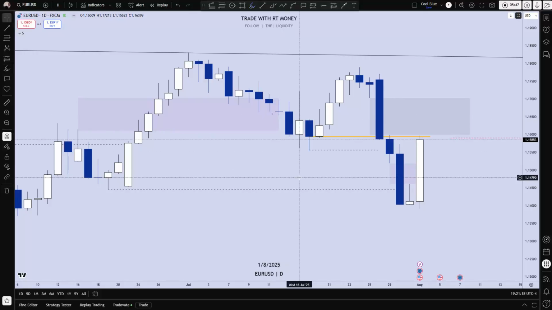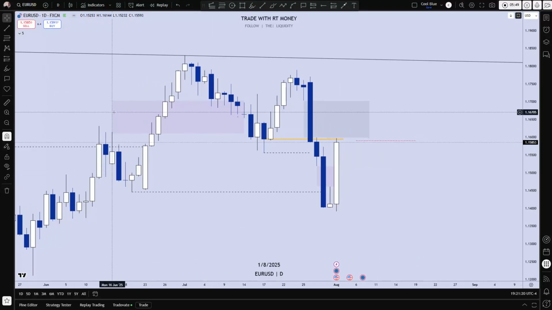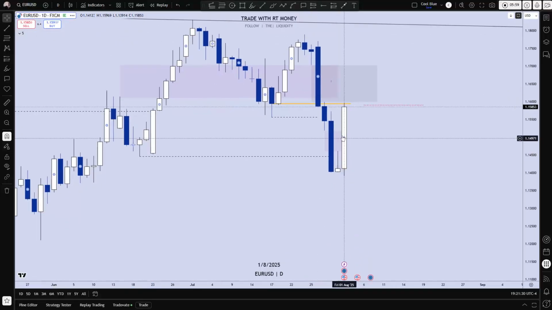On the daily, here's that disrespected fair value gap, which looks like it inverted here. But we don't need to see that. Why? Because we have a very bearish fair value gap right here on the daily, and price is running right up to it. This is the buy before the sell, and this is our CISD, our order block, our change in the state of delivery.